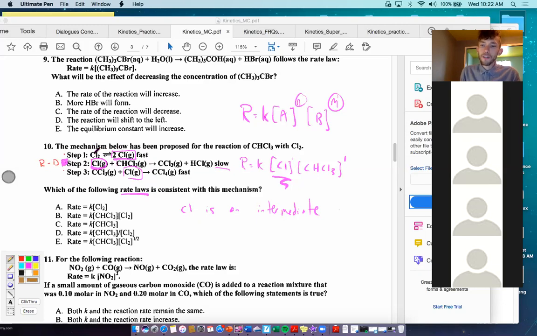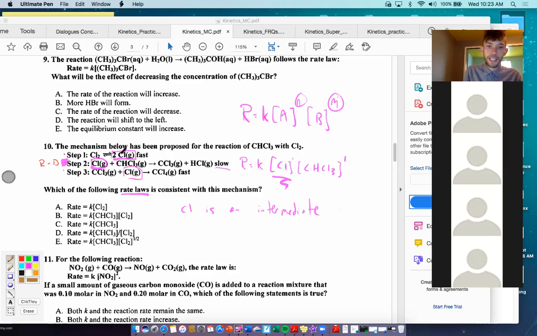So what I'm going to have to do is figure out how I can replace Cl in this rate law that I've written with my rate determining step. How can I replace that intermediate with a non-intermediary substance? Well, I can see that my rate determining step uses 1 mole of Cl, and this step 1 has gotten me 2 moles of Cl.